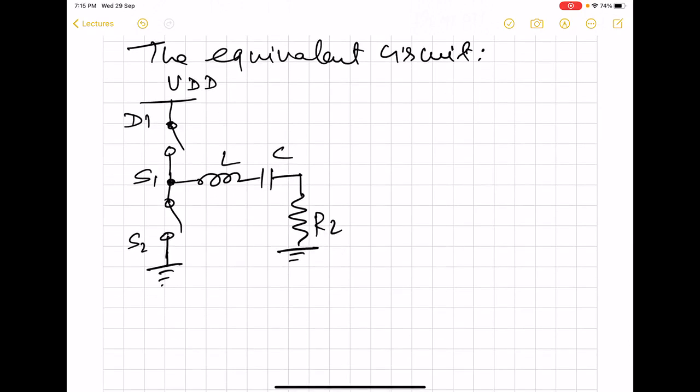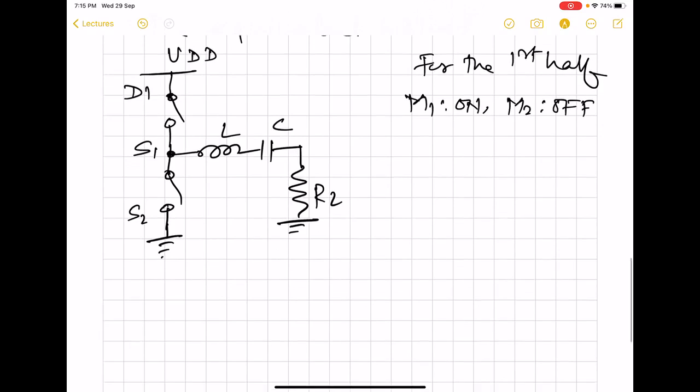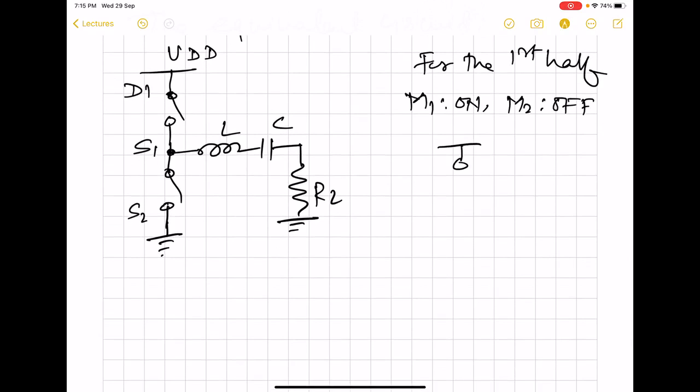So what we see is for the first half, the scenario is that M1 is on, M2 is off. So for this case, the circuit reduces to this one.